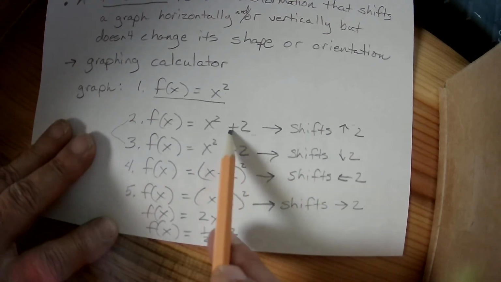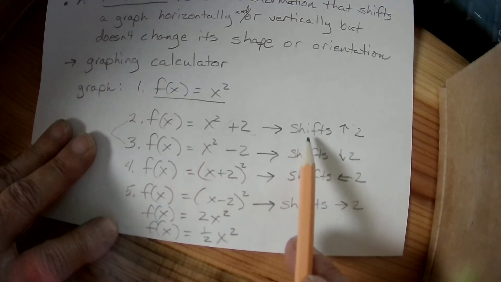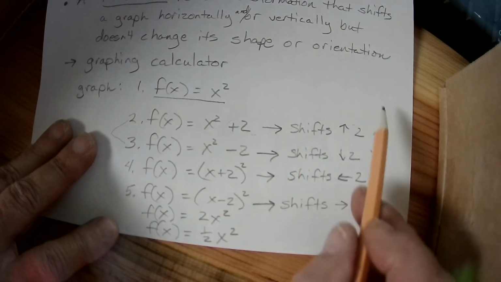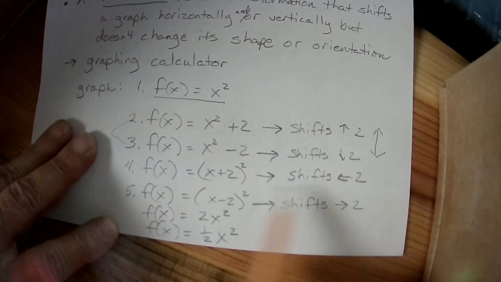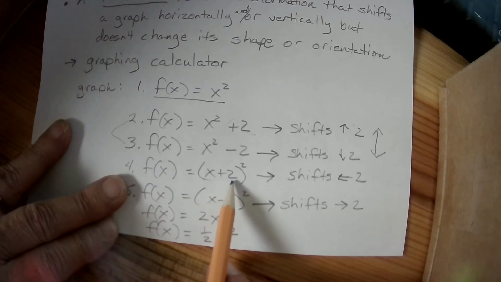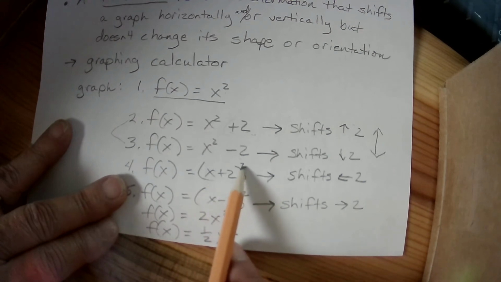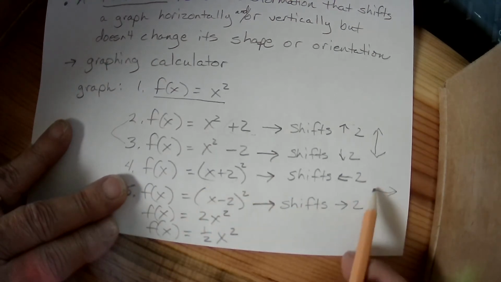So if we're adding a constant to the outside of the x term, it's going to shift your graph up or down. That's a vertical change. If we add or subtract a constant to the x term before we do anything else to it, that's a horizontal shift.